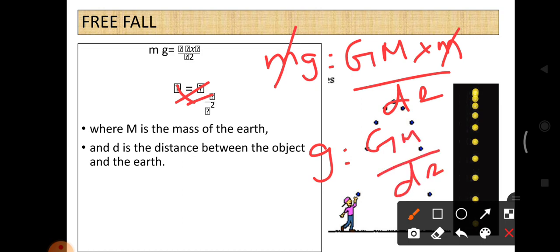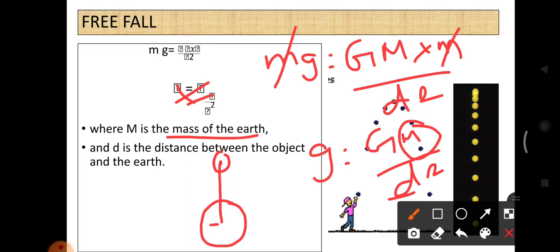Here capital M is nothing but the mass of the earth, and d is the distance between the object and the earth. Maybe this is the earth, the object is falling towards the earth, so this is the distance, and the capital M represents the mass of the earth.